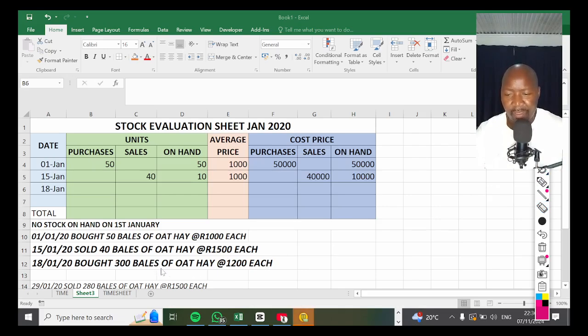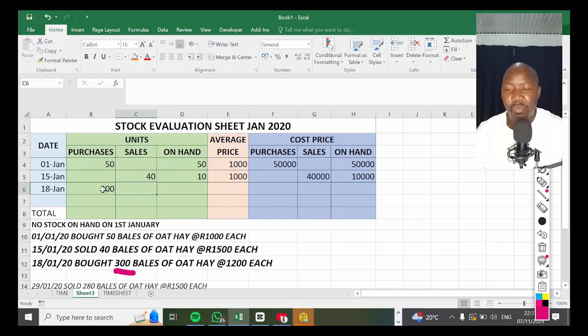On the next one here, we are buying 300 units. Okay, let us put the 300 units in. It's on the 18th, purchases of 300 units, tab. Remember, finish what is on the left before you go to the middle or to the right.